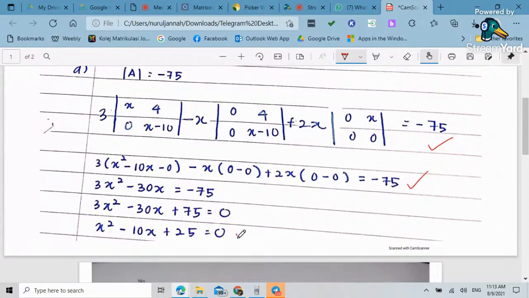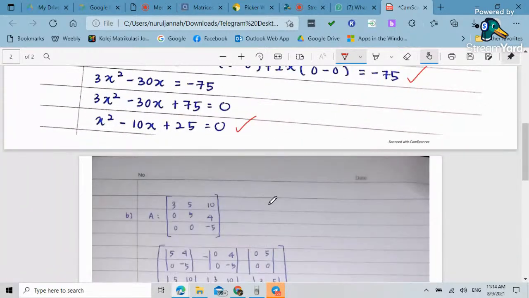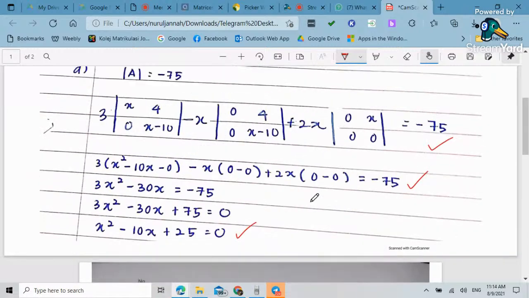Where is your x? You missed your x. So you solve that quadratic equation. You will have x minus 5 equal to 0. So therefore, x equals 5. Okay, so far so good.